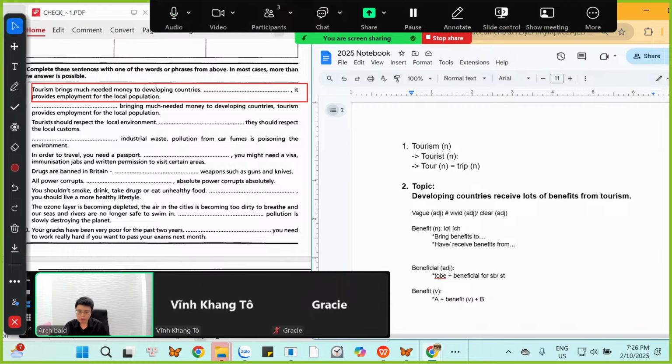They say developing countries receive, alright? Or you can change lots of to something like numerous, or various, alright? Or plentiful. These are the ways for you to say that you have lots of benefits from something.